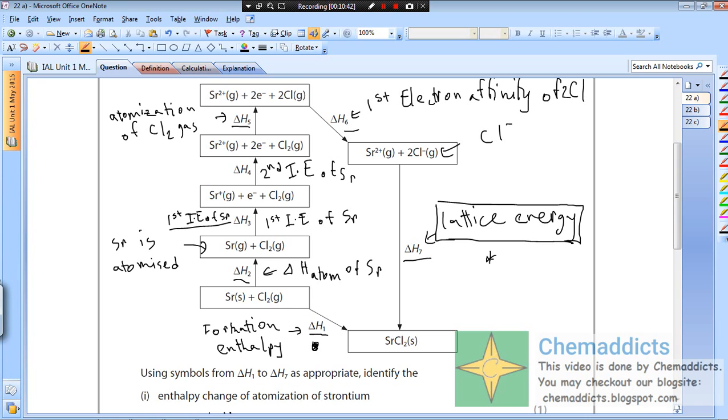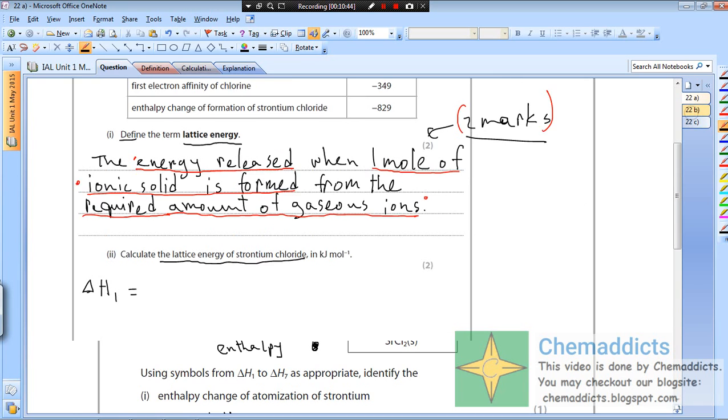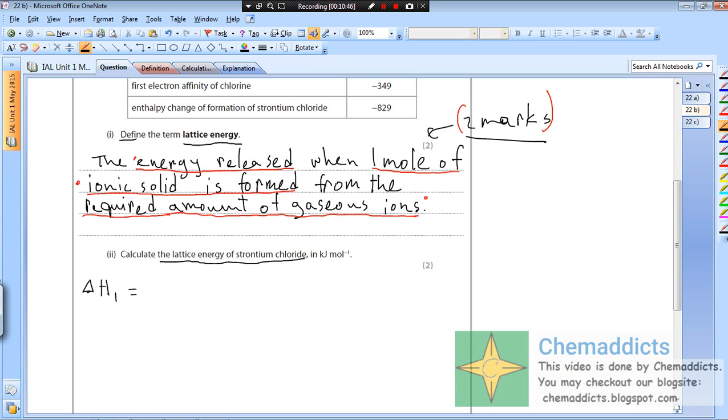So that is how we're going to solve. Since del H1 is formation enthalpy, we will put this alone. So we will put the other things here.